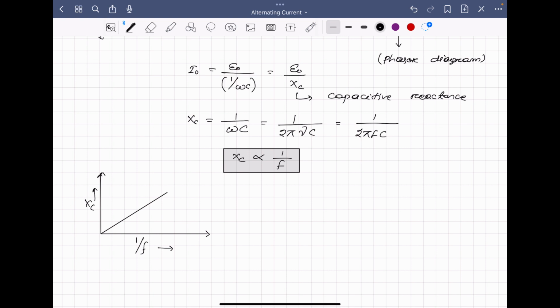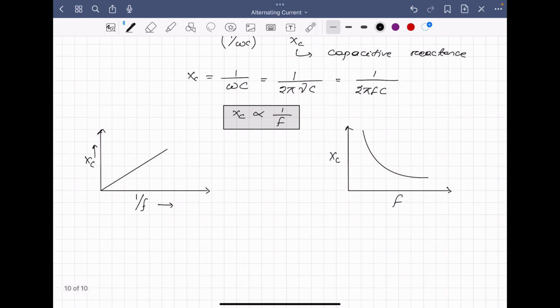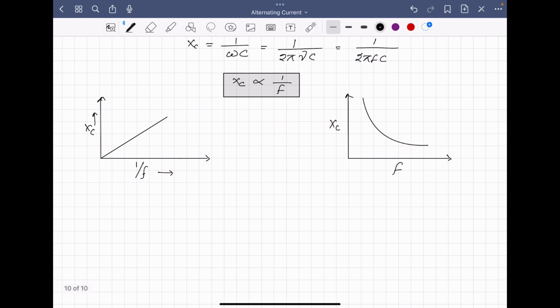Then if we take frequency f along the x-axis and capacitive reactance Xc along the y-axis, you get a curve just like this. This is the graph for inversely proportional, or y equal to 1 by x.